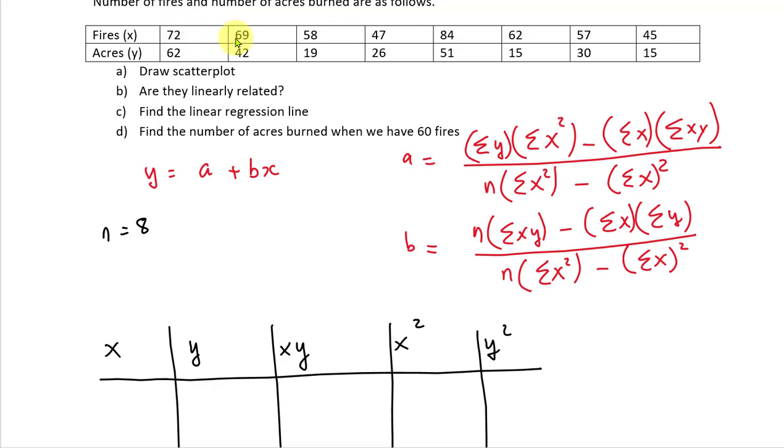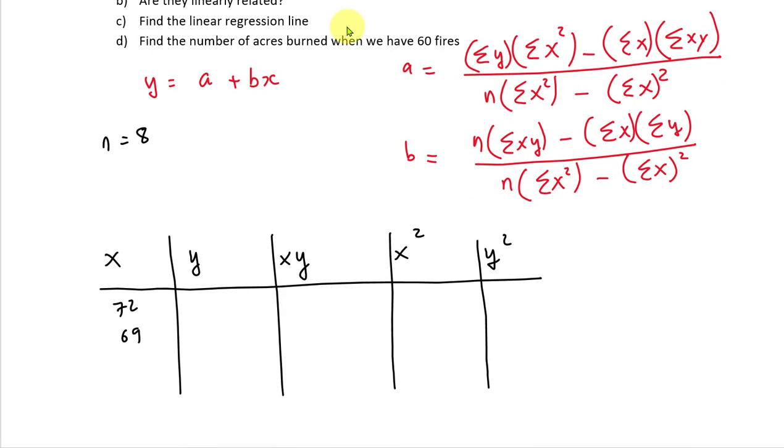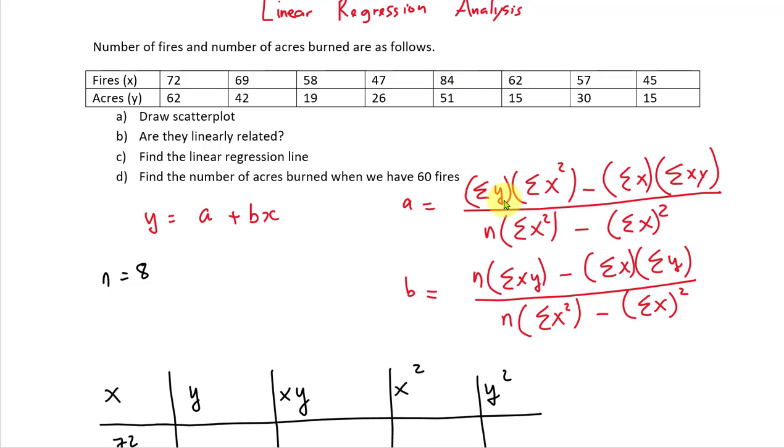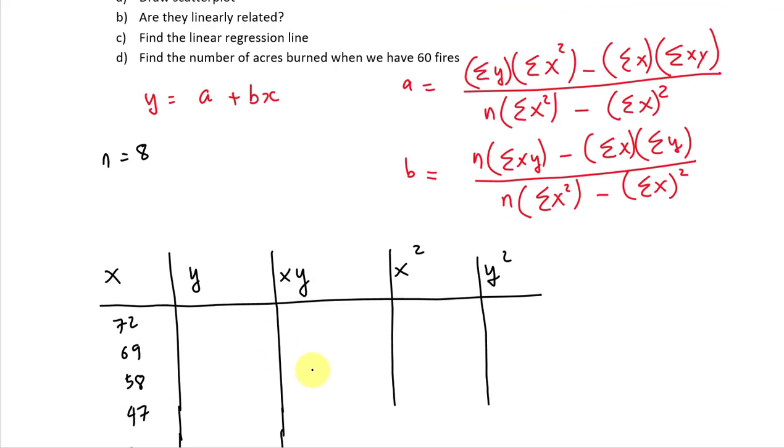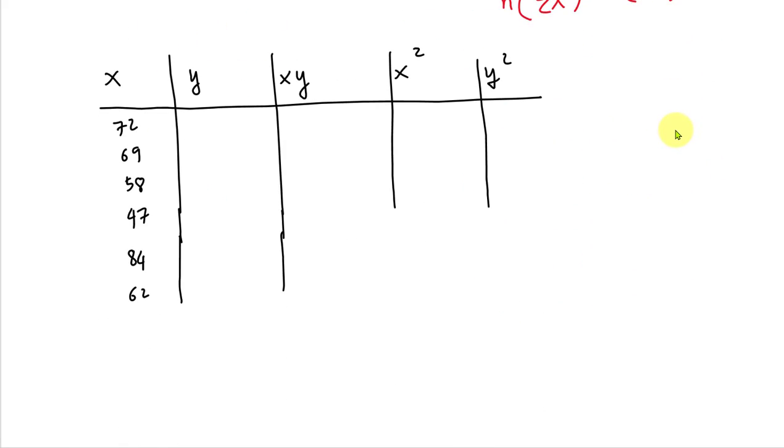So we have 72, 69, 58, 47, 84, 62, and 57, 45.